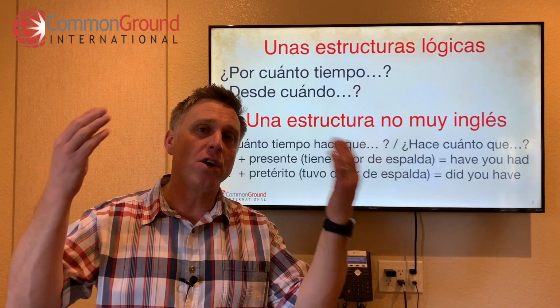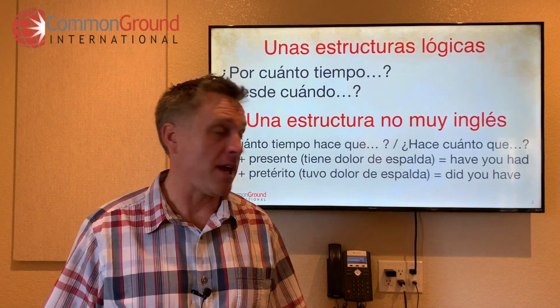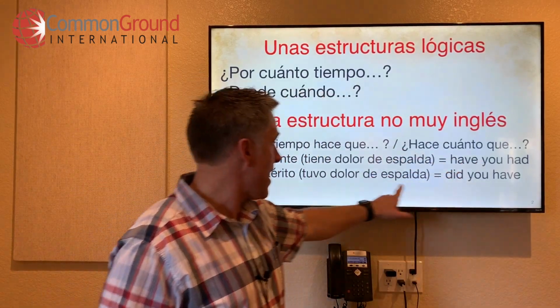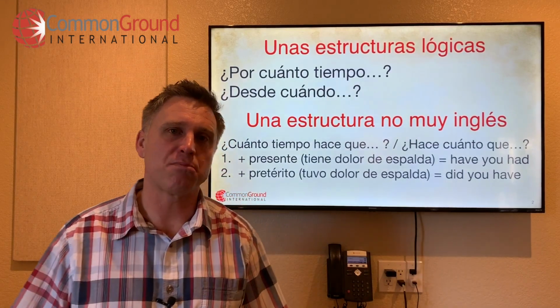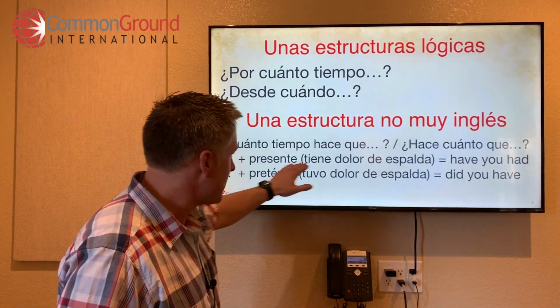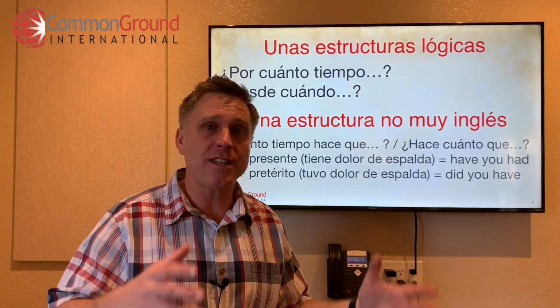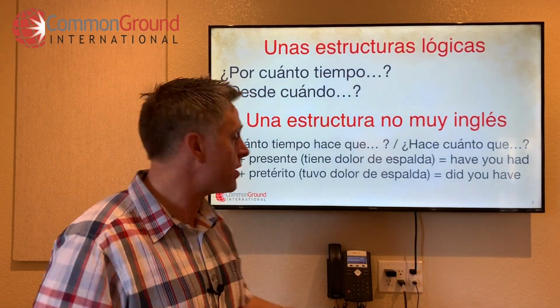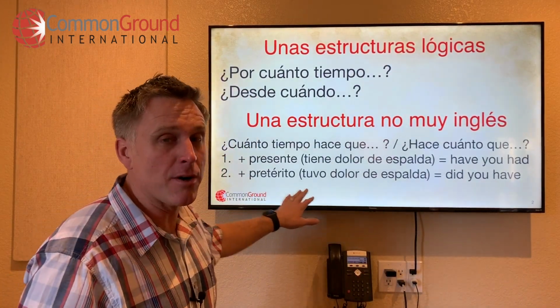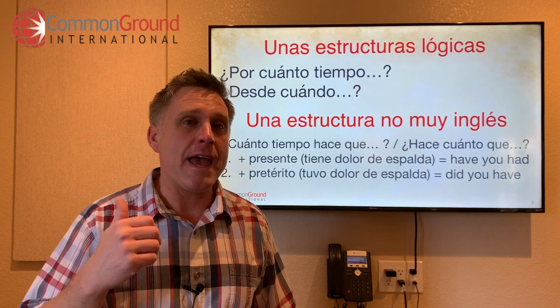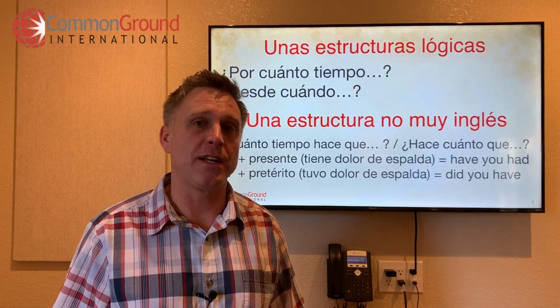So how long ago did you have back pain? Or hace cuánto que tuvo dolor de espalda. So when we use the present tense, it continues on to today, and it's a since when structure. Cuando usamos el pretérito, it's ago, and it's not necessarily happening today.